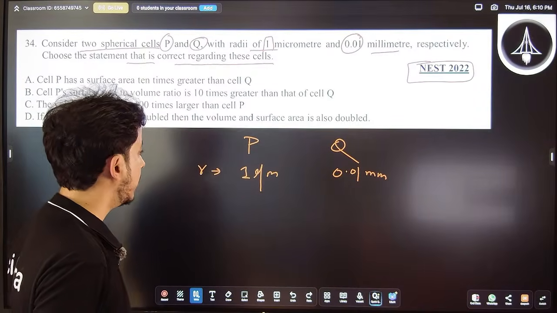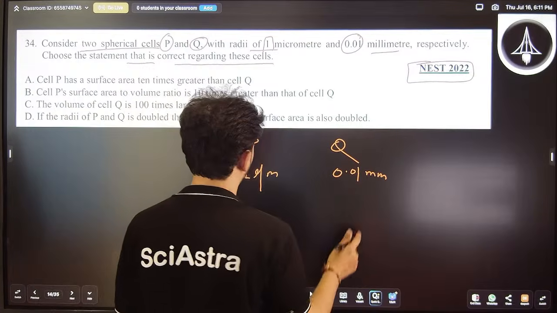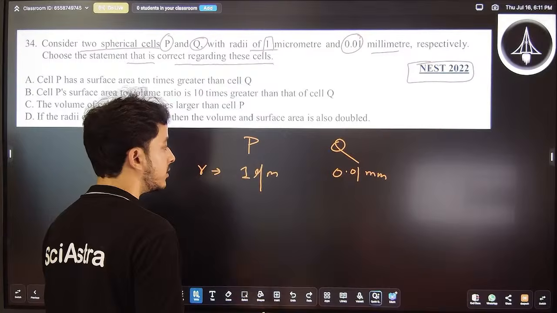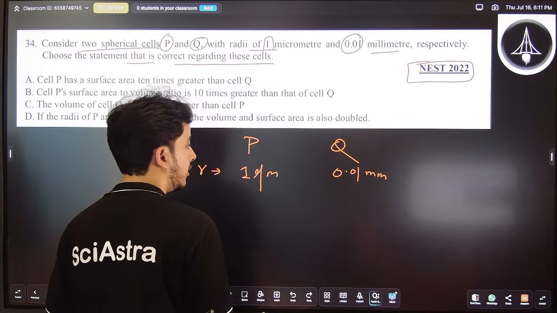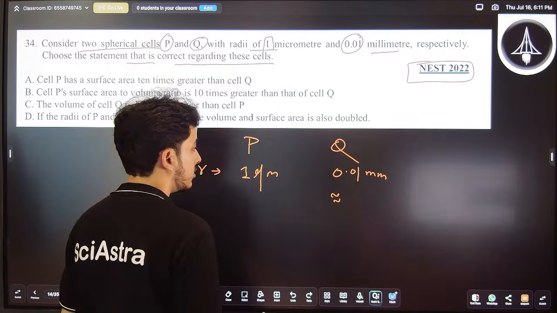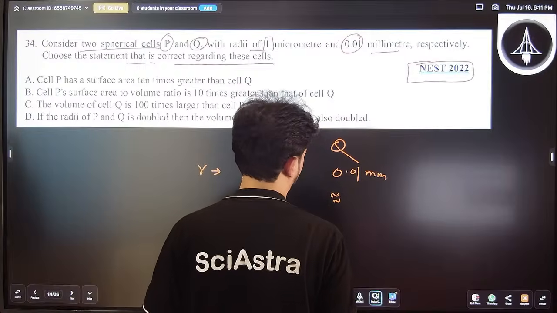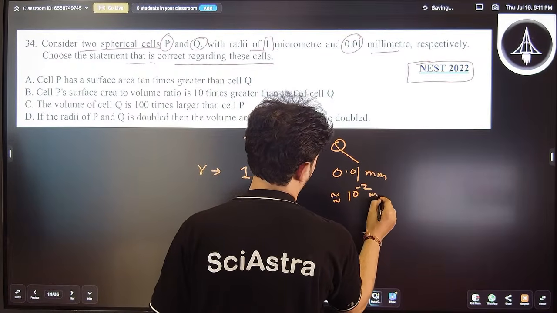Okay, people are saying option B. Fine. If you see this, first we have to convert everything into the same units. So 0.01 mm we can simply write as 10 to the power minus 2 millimeters.